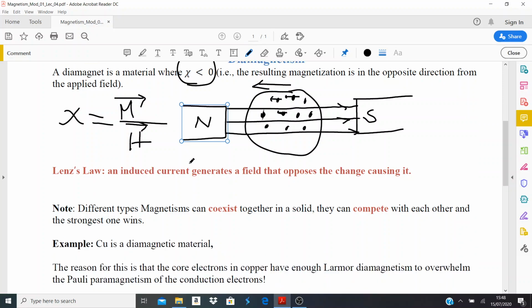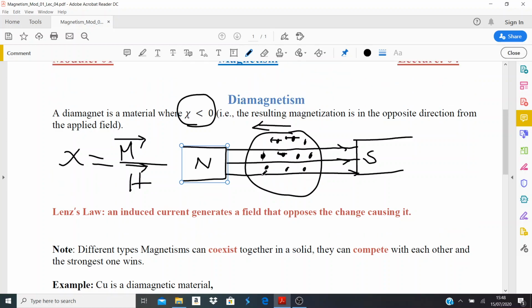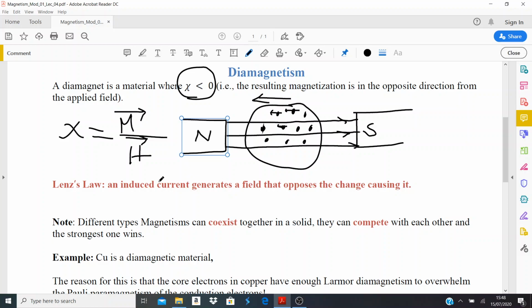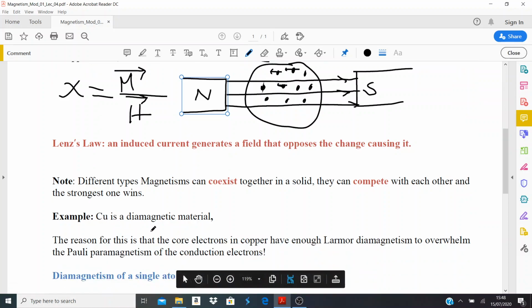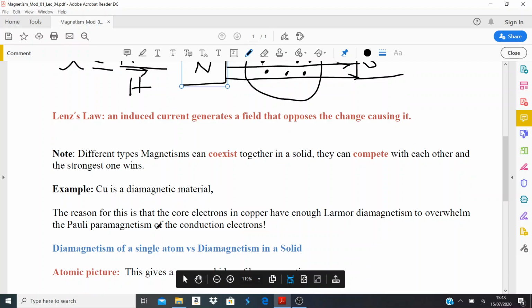And also I want to note a very important point, that in different types of materials, different types of magnetism can coexist together and their strengths compete with each other, and the strongest one usually wins. For example, copper is a diamagnet, but if you do some calculation inside copper, two types of magnetism exist inside it.